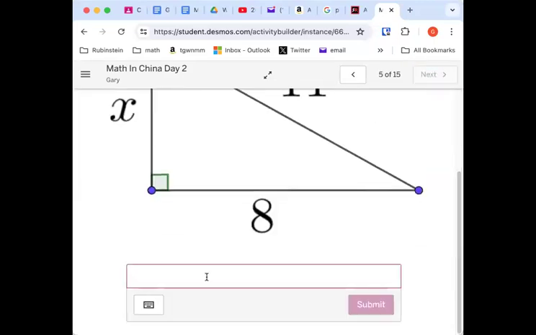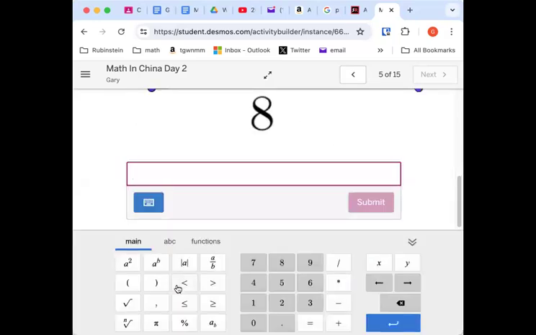What if I click there? What happens? Oh yeah, I get the ability to make symbols. That's good. You could also type just the four letters SQRT.